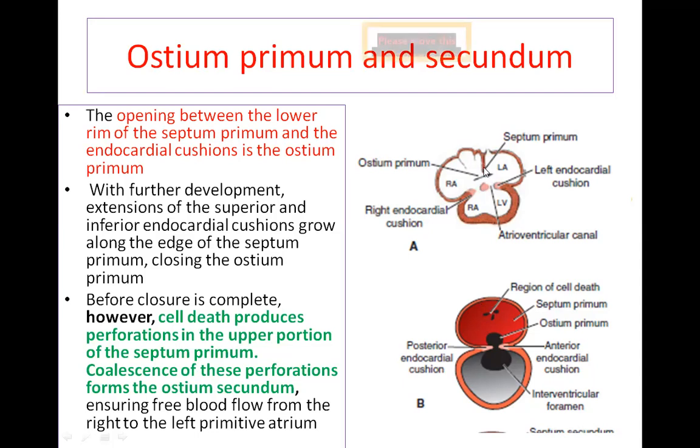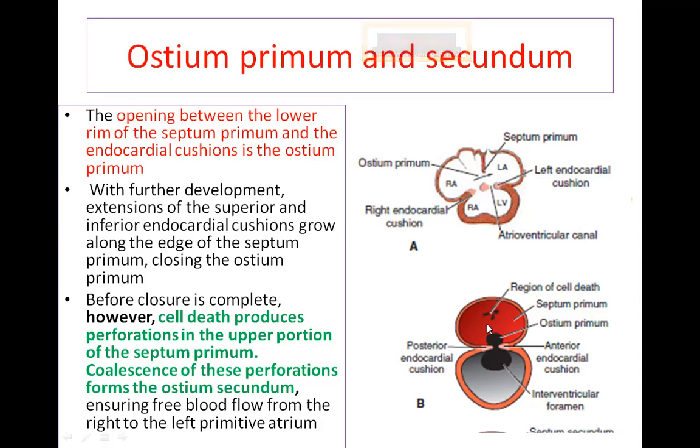The septum primum will completely obliterate the common atrial cavity. But as it approaches the endocardial cushion, there is programmed cell death of the upper part of the septum primum. The coalescence of these perforations forms a new foramen known as the ostium secundum.